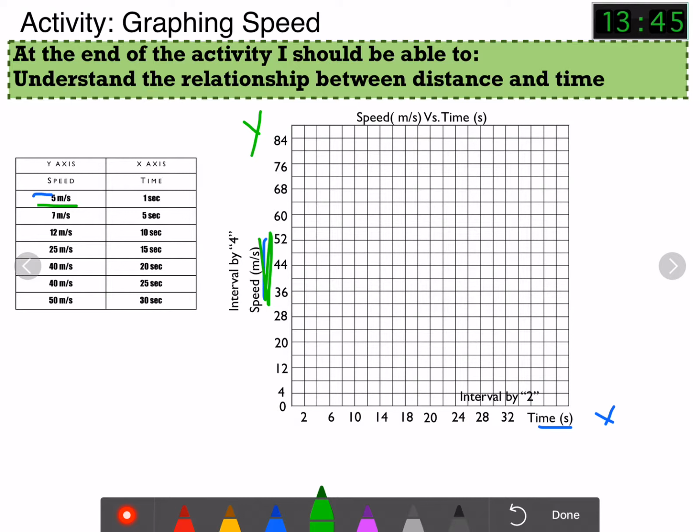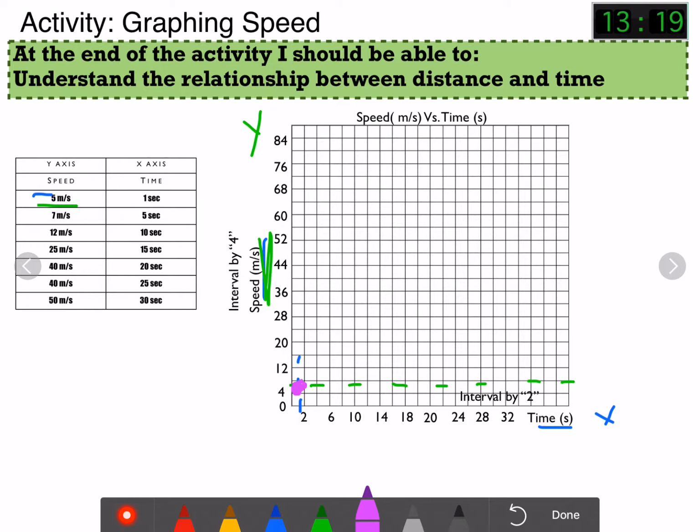If I go to 4 and then 6, it's roughly in between there. It's going to be along this dotted line all the way across my 5 meters per second, and my 1 second is roughly right here. Where those two meet is where my dot is going to be.